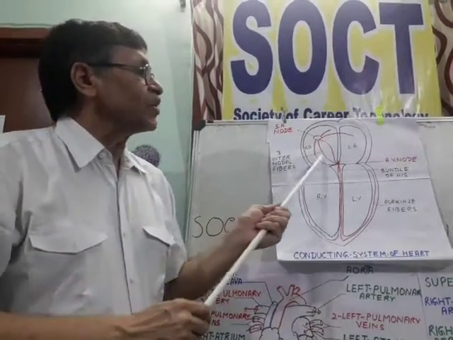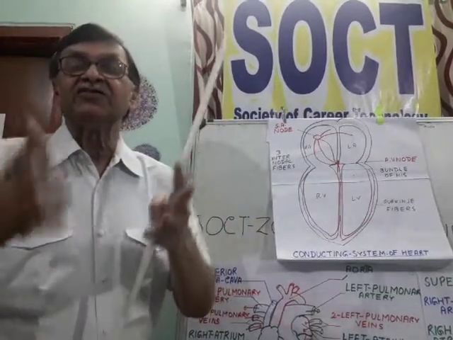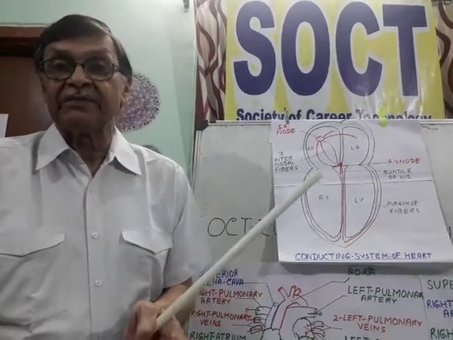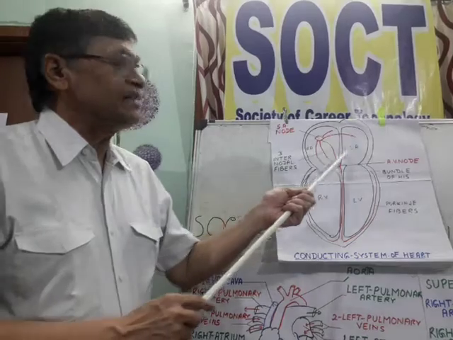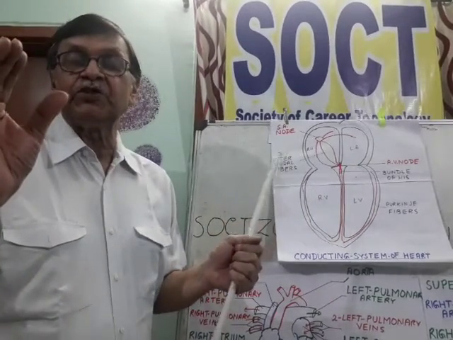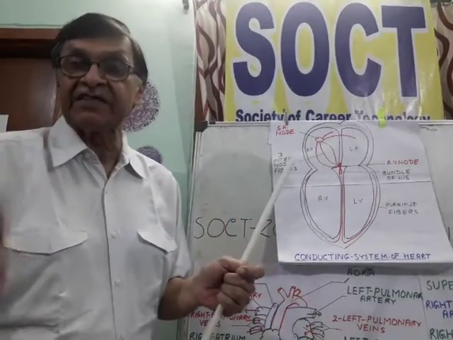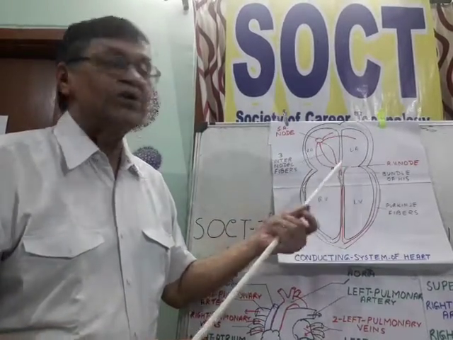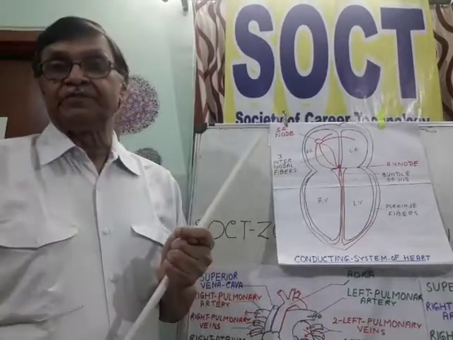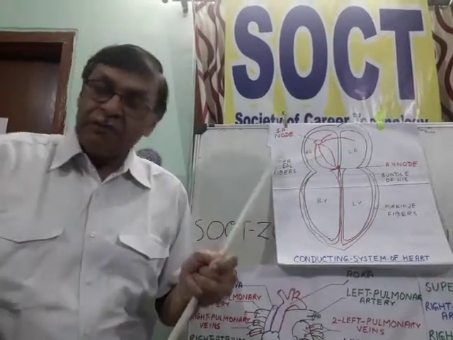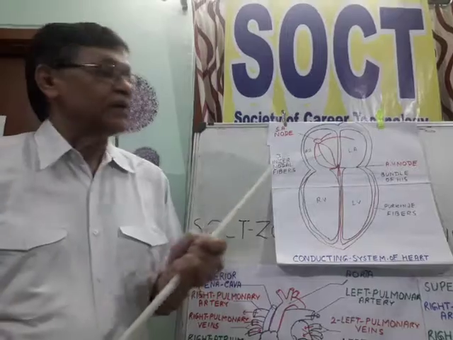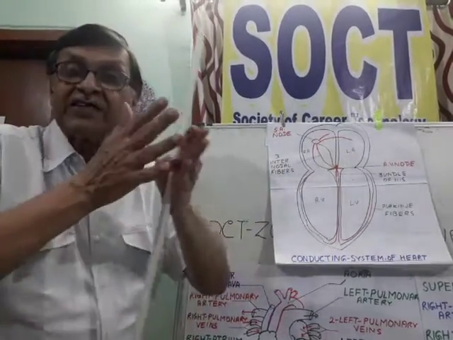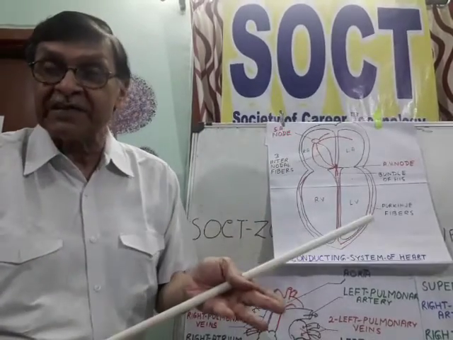Till the contraction of the atria is completed, the ventricle must not contract. So for that 0.1 second, when atrial contraction is going on, the message is conveyed to the AV node, but it is slowed down and balanced in such a way that it reaches the AV node only when the contraction of both atria is completed.